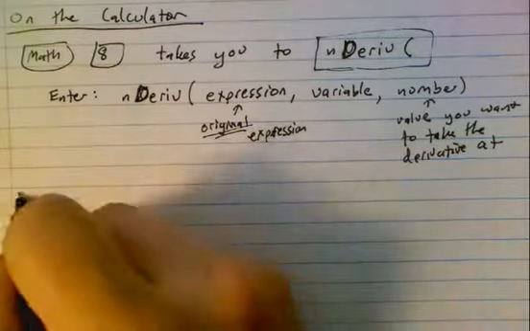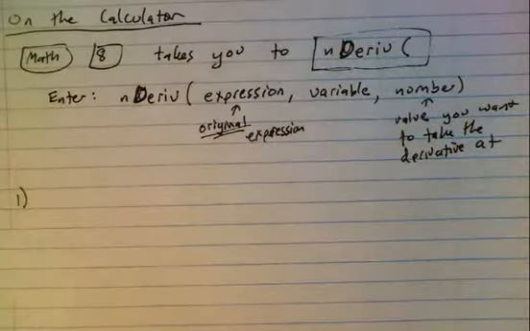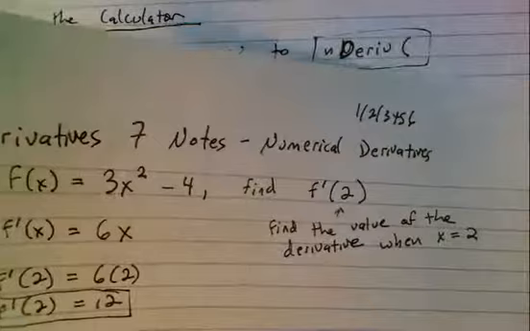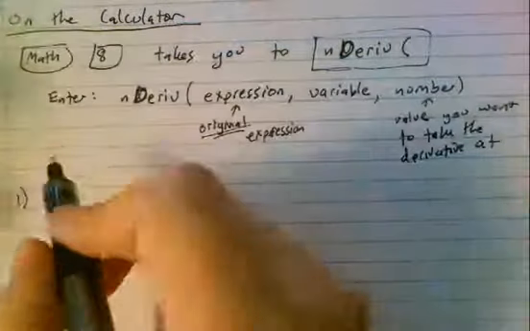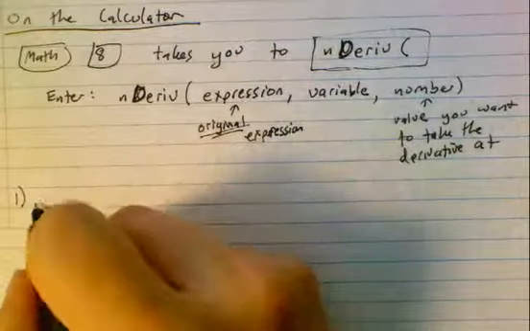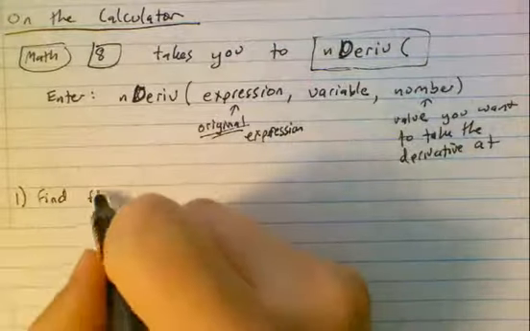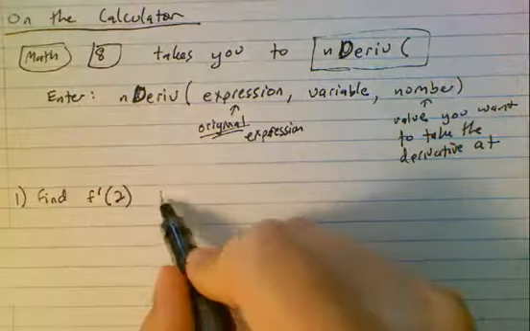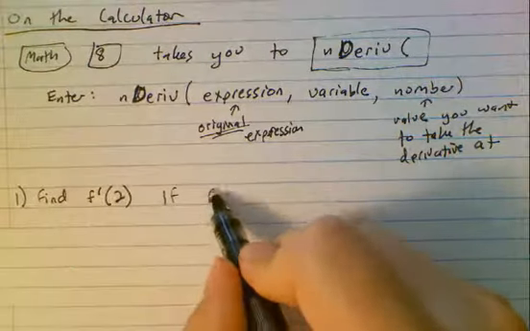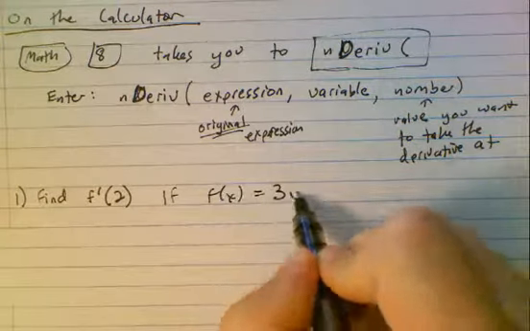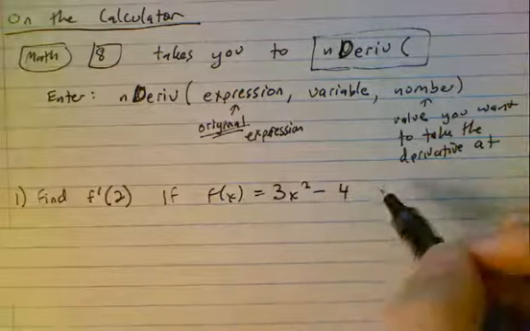So for example, let's just use the same problem that we used right at first in our notes. We're going to find f prime of 2 if f of x equals 3x squared minus 4.